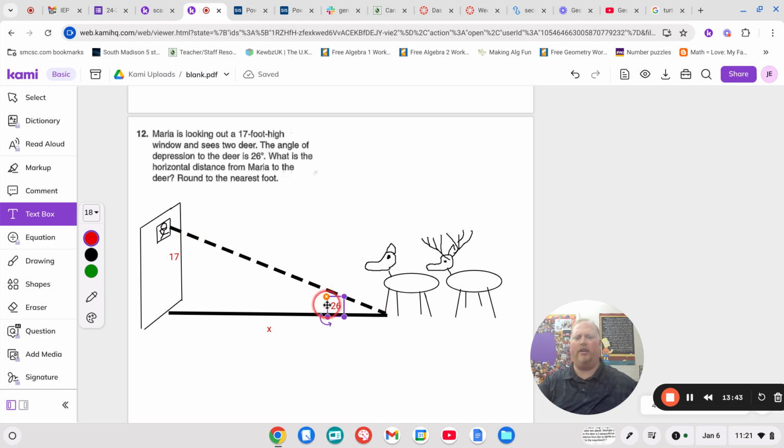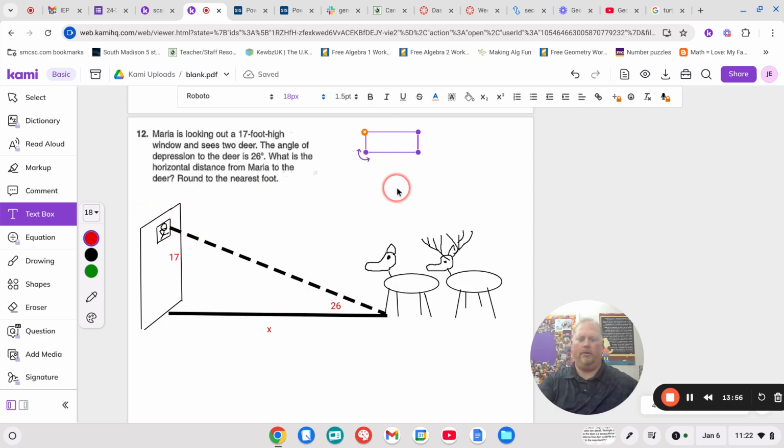So now that we've got our triangle, 26 is the angle. That makes 17 the opposite and x the adjacent. So opposite over adjacent is tangent. So tangent of 26 equals opposite over adjacent, so 17 over x. Variable in the denominator.